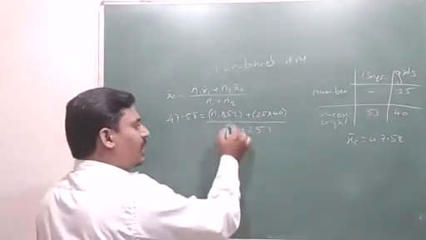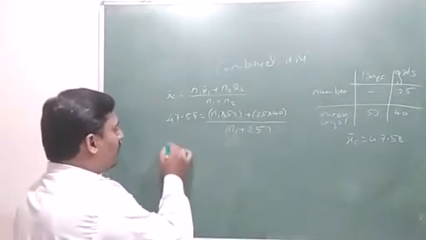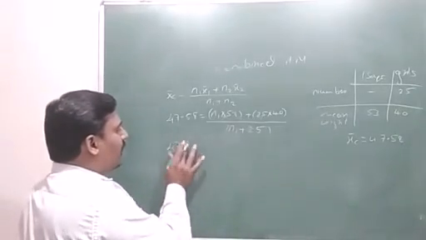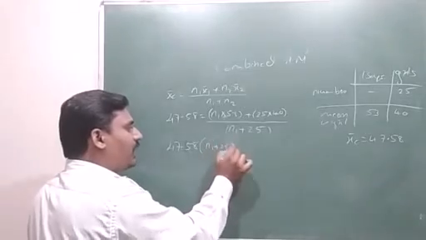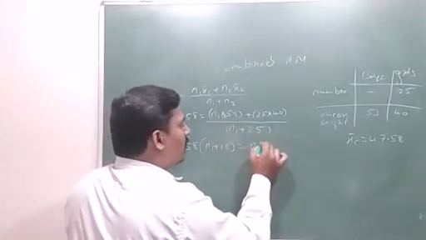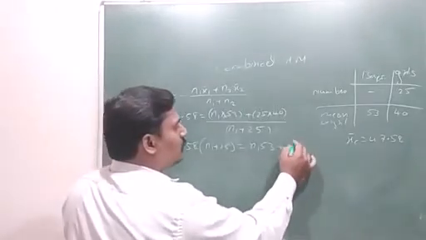First send this entire denominator part to the opposite side. So it will become 47.58 into bracket n1 plus 25 is equal to n1 into 53 plus 25 into 40, which is 1000.